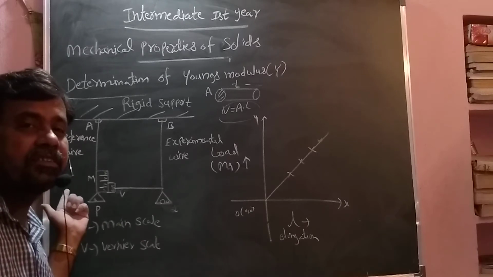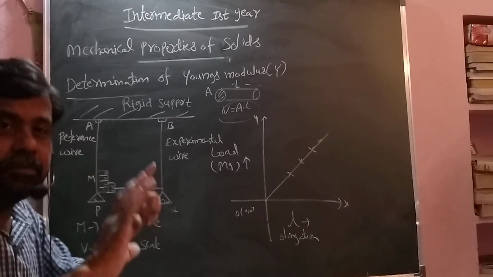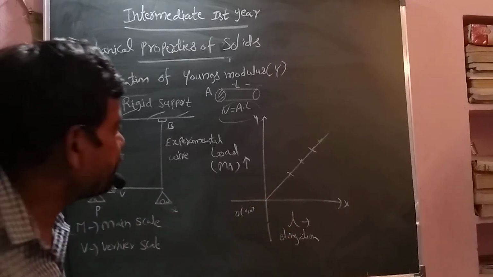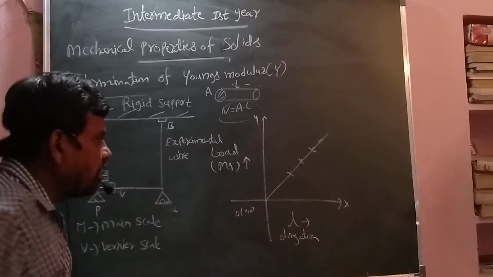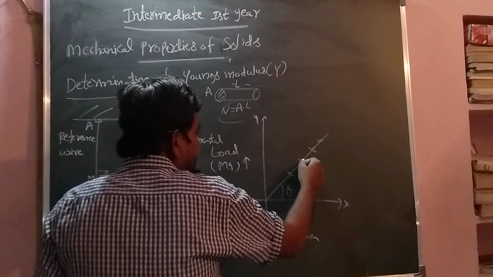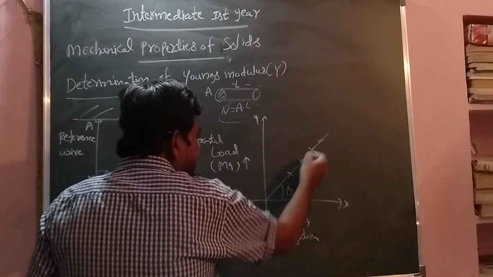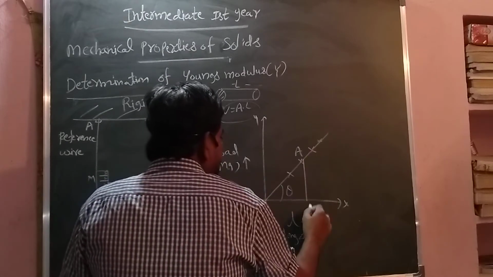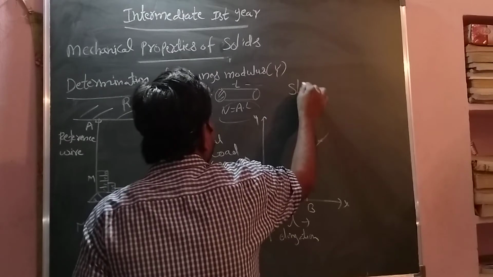So we are drawing one graph. After that we are finding the slope. In this line you can take any point, here or here, anywhere. You draw a normal. Take this as O, this as A and this as B. Now I am finding the slope. What is the formula for slope? Tan theta equals AB by OB.